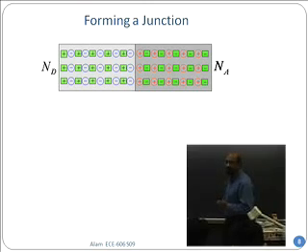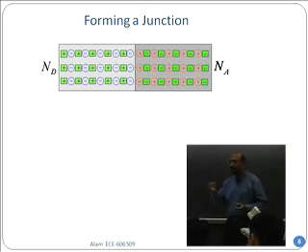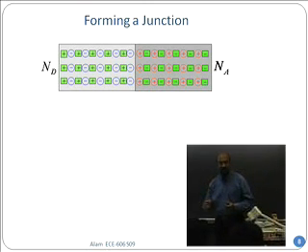And similarly for the acceptor side, you can see that the green squares are negative. These are acceptor atoms sitting fixed in real space, and each has captured one electron. Where did that electron come from? From the valence band.